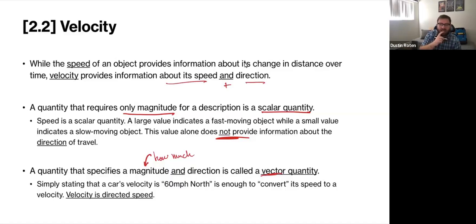So just saying something like a car's velocity is 60 miles per hour north, that's enough to convert its speed to a velocity. So you have the magnitude and you have the direction. Just smashing those two things together gives you a velocity. Velocity you can think of as a directed speed.